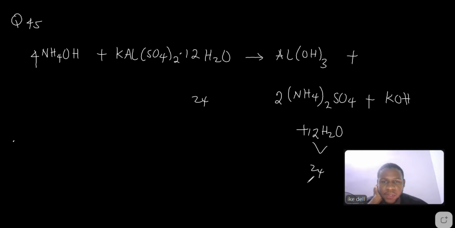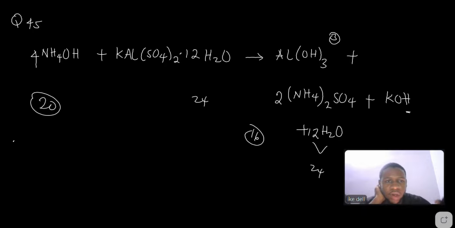Then the other hydrogens I have would be 4 plus 1, 5 times 4, 20. So that's the other hydrogens I have. And on this side, I have 3 here. This is 2 times 2, 4. 4 times 4, 16. 16 plus 3 plus 1 is 20 as well. So that's fine. So hydrogen is good.